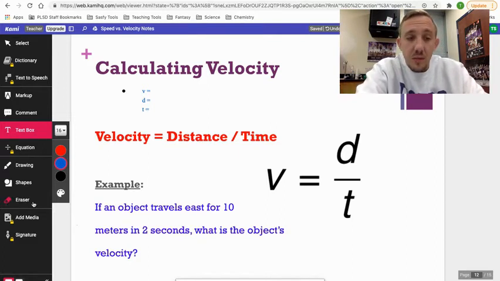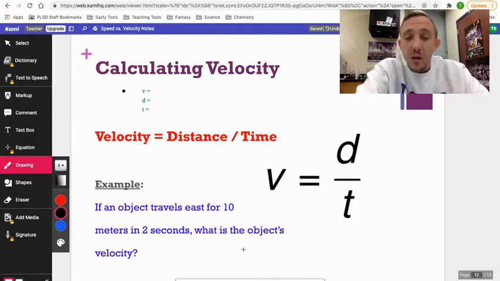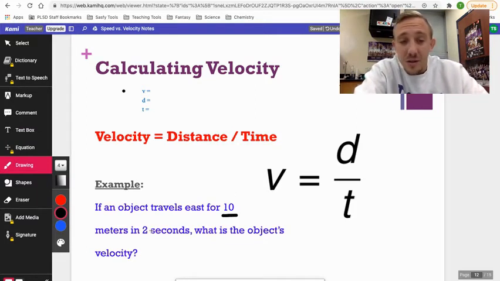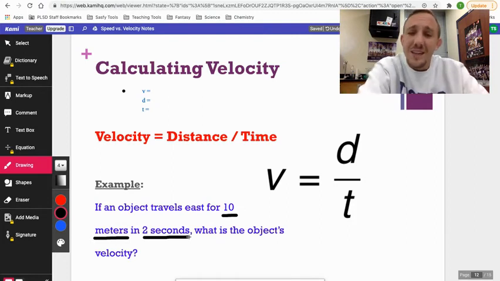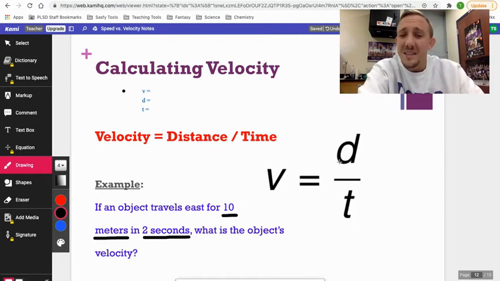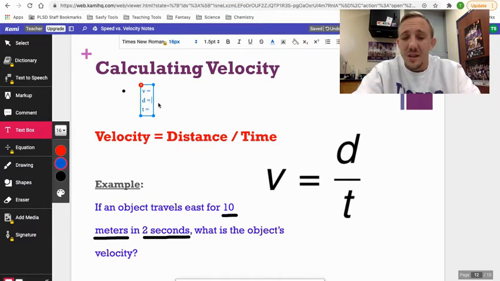When I look, I'm going to circle or underline everything that I need. So I have 10 meters in 2 seconds. If I look at those variables, is 10 meters velocity, distance, or time? Your answer should be, well, Mr. Sasty, meters, that is a distance, and you're right.